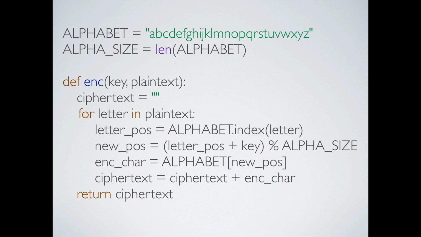Then we hit our for loop, which basically says go through every single letter in the plain text. And then for each of those letters in the plain text, first find the position of the letter in the alphabet. That's what letter position equals alphabet.index letter is doing. Next line of code, new position equals letter position plus key mod alpha size.